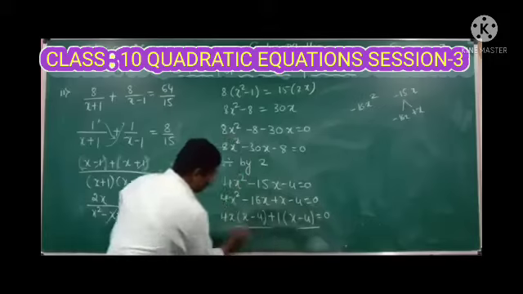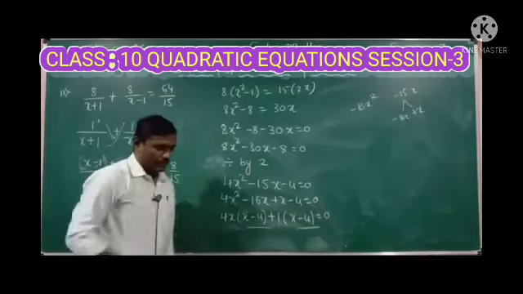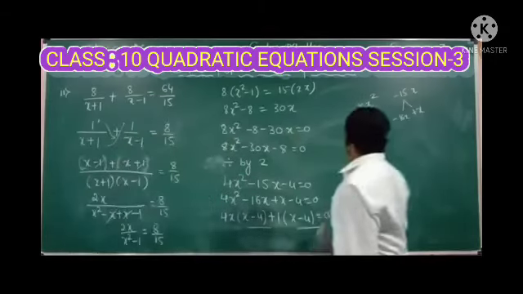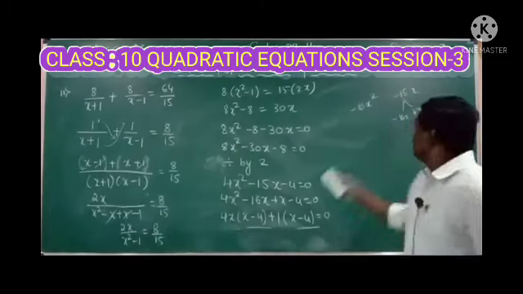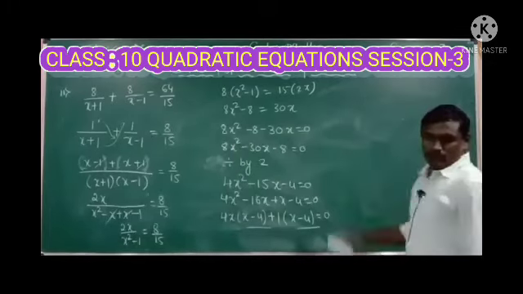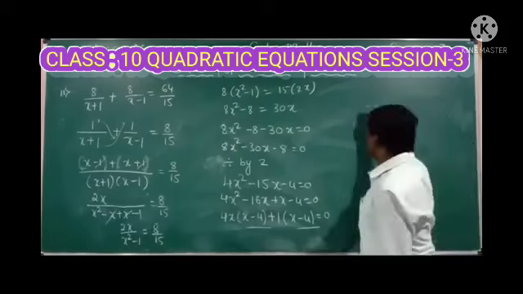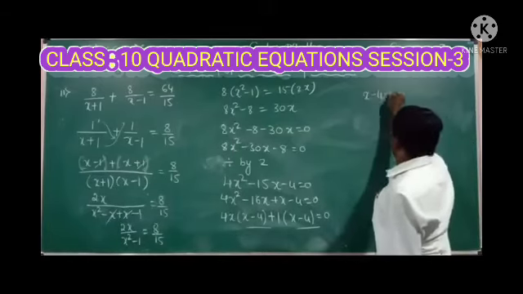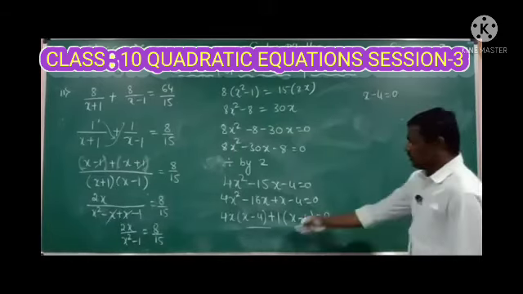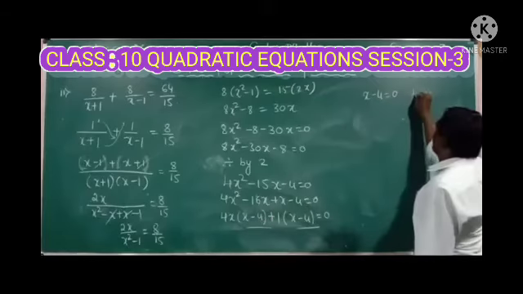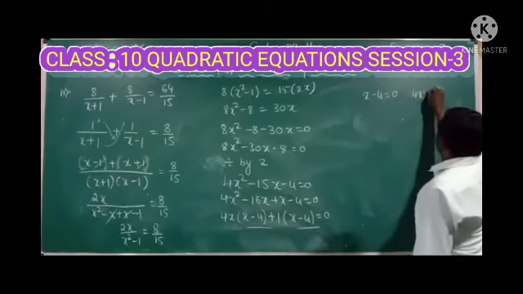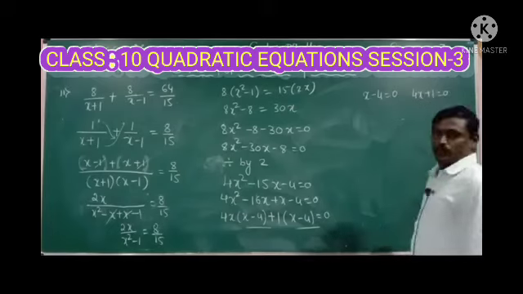Again here x minus 4 and x minus 4 are common factors. So take x minus 4 as a common factor: x minus 4 into 4x plus 1 is equal to 0.